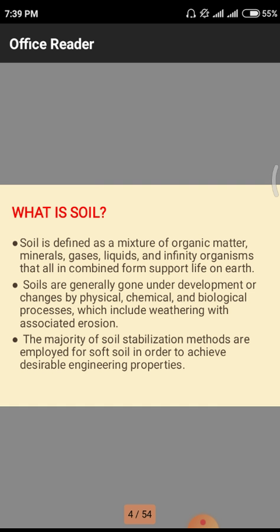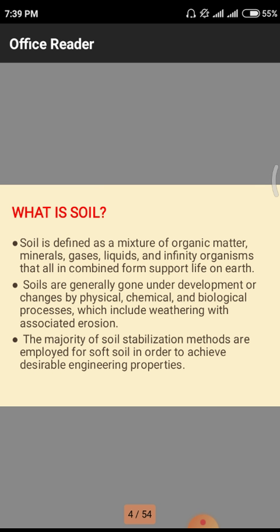From the starting stage of the earth until now, crores of organisms have been born and dying every day on earth, and that matter converts into organic matter and dissolves into the earth's surface. So soil is a combination of organic matter, minerals, gases, liquids and an infinity of other organisms. Those simply combine into our earth masses.